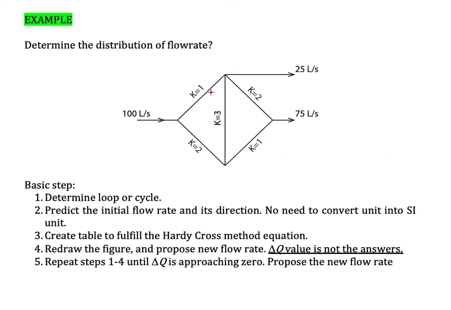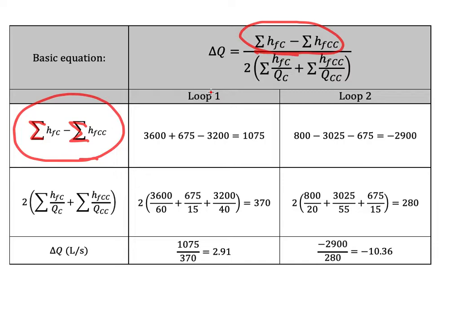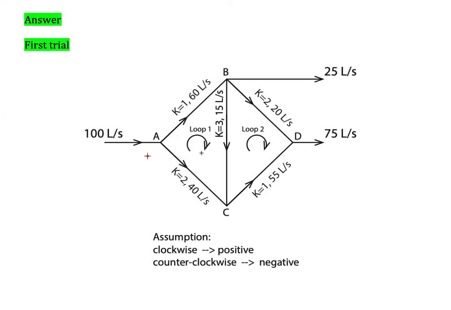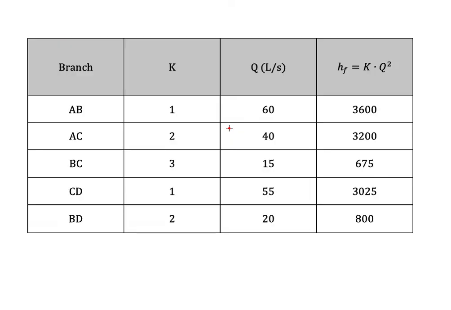So here we write 3,600 plus, so we have 3,600, and then we add the 15 liters here, BC here. If we see here, BC is 675.